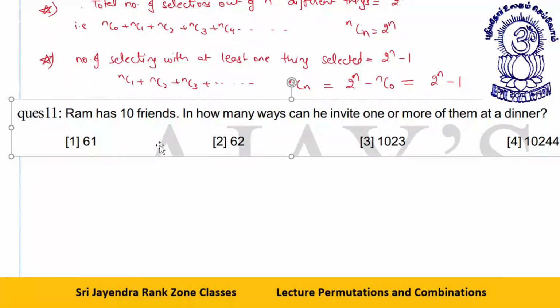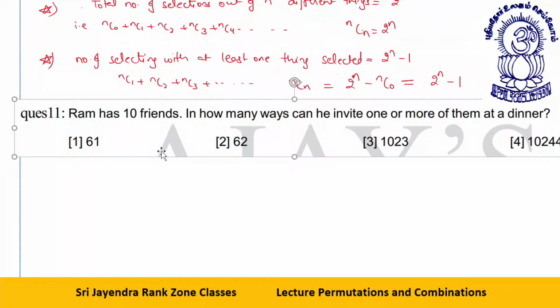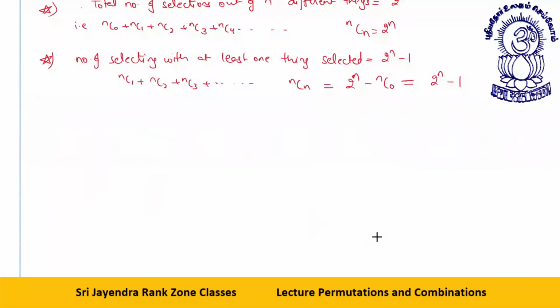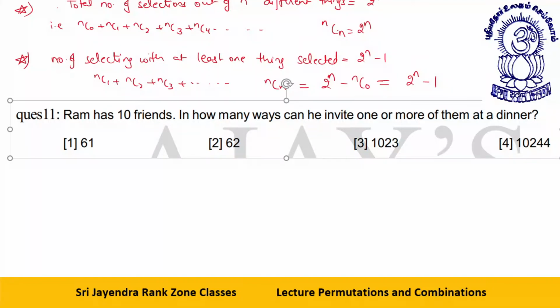See, the question we have right now is: Ram has 10 friends.